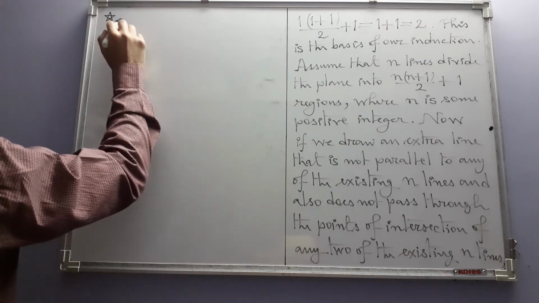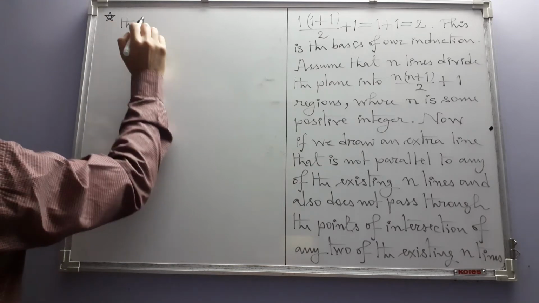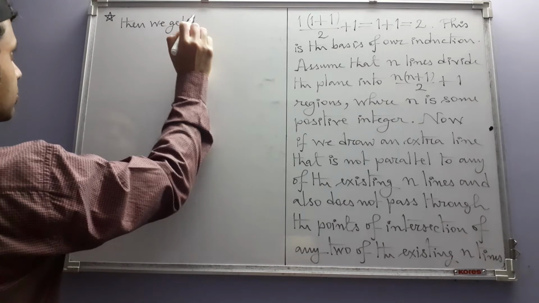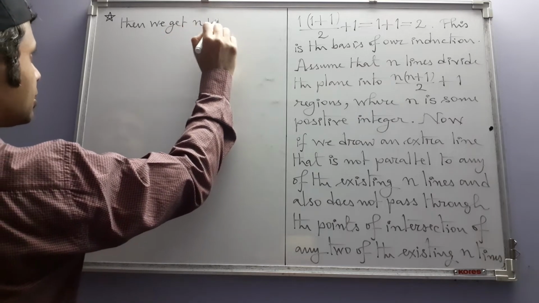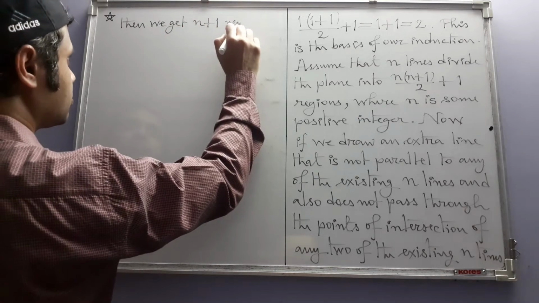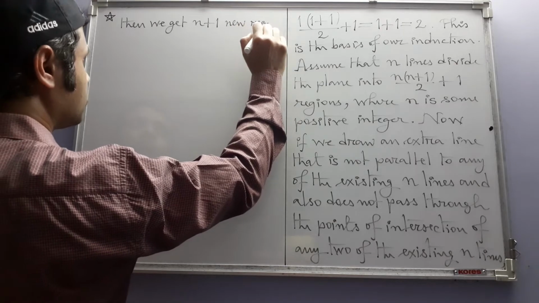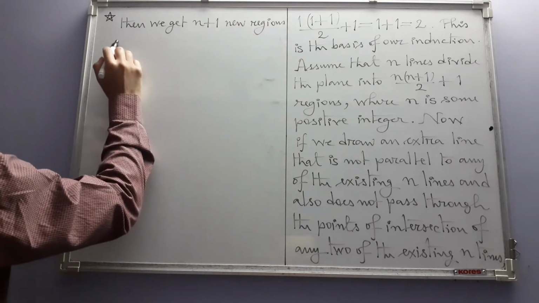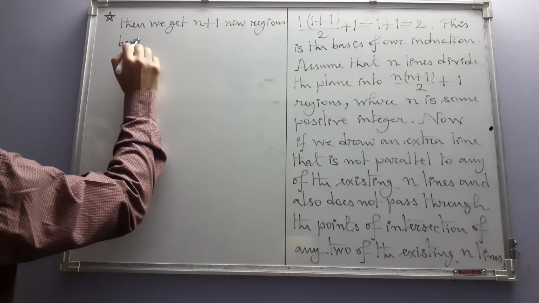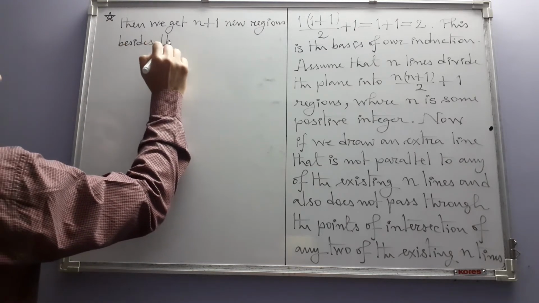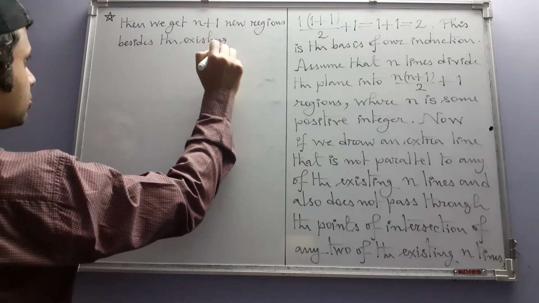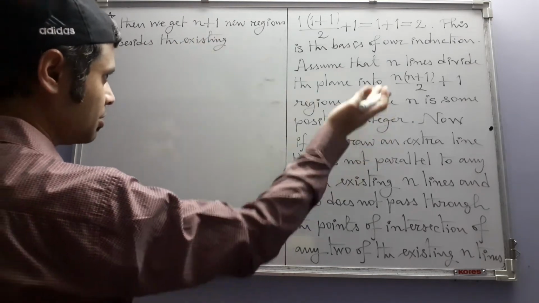Then we get n plus 1 new regions besides the existing this many regions.